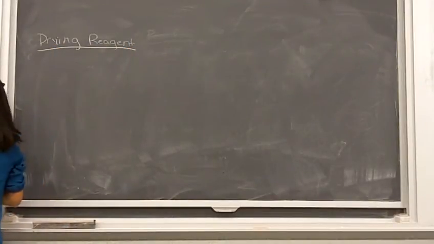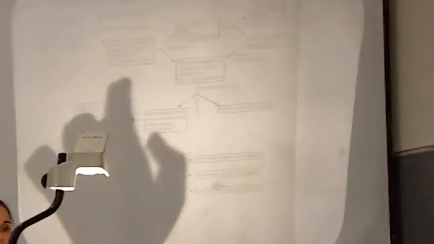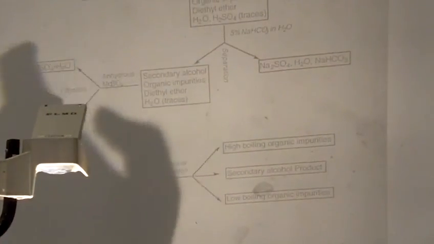So on our flow diagram, we've done our extraction, we've done our wash, we're right here. We're going to use our anhydrous magnesium sulfate, okay? So we're going to use our drying agent.